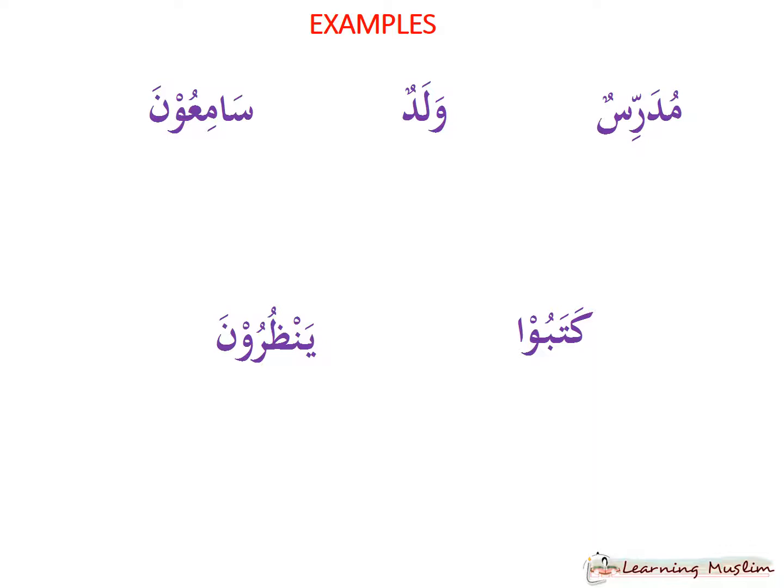So for each of the following words, we want to translate them correctly. How we would go about doing that is, for each word, we would identify its root letters, find the meaning in the dictionary, and then translate the word. Okay, so if we look at the word mudarrisun, we find that the root letters are dal, ra, and sin. So those are the three root letters.